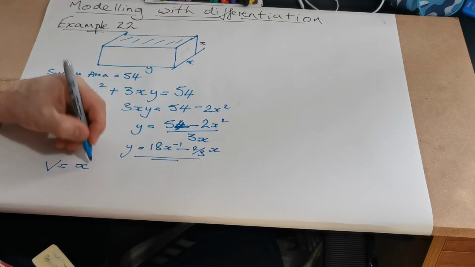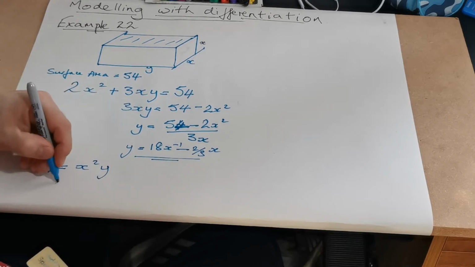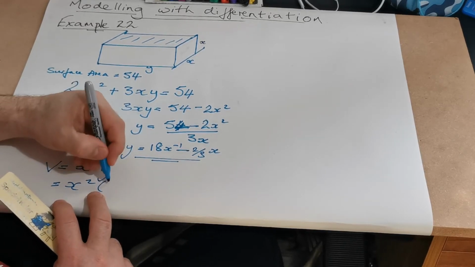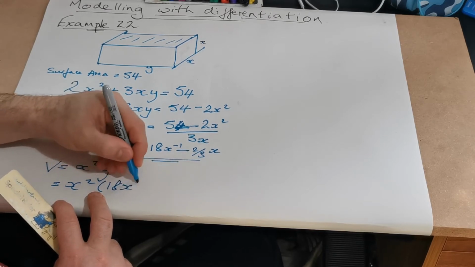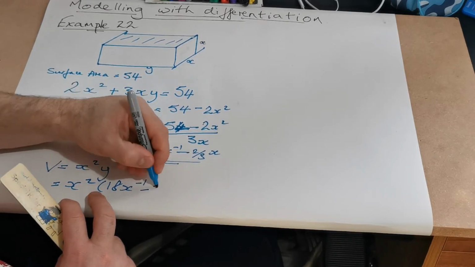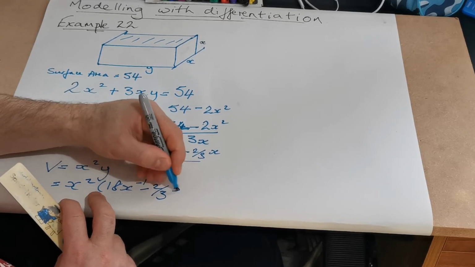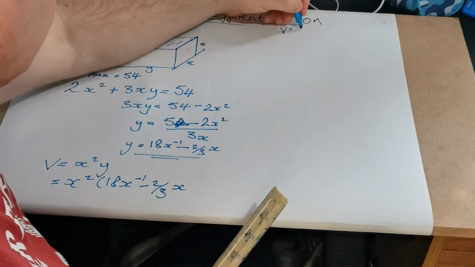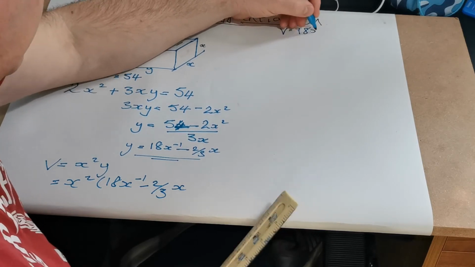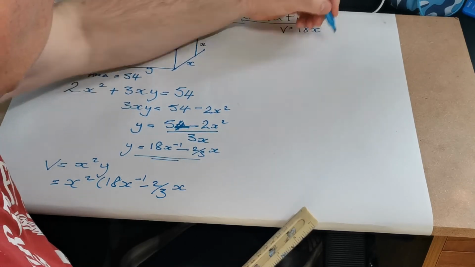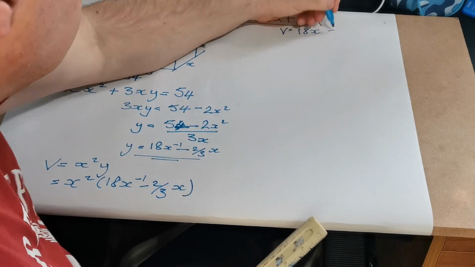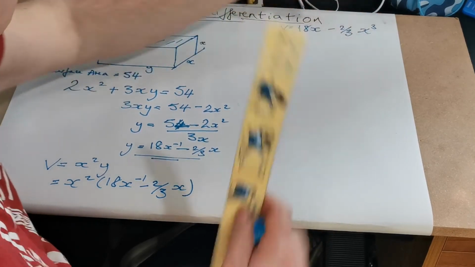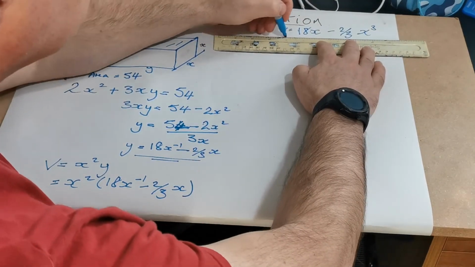So that's x squared y, which is x squared times 18x to the minus 1 minus 2/3 x, which means that the volume is 18x minus 2/3 x cubed, and that is what we're looking for.